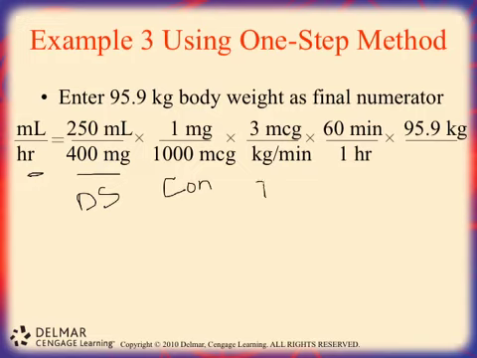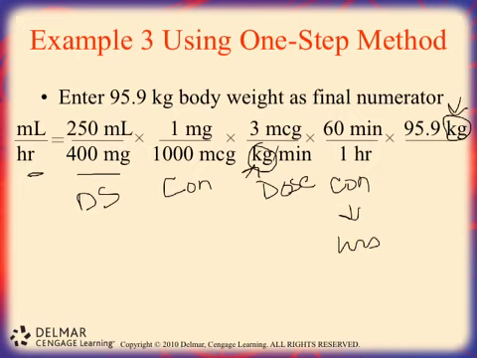Here's our dose. Here's our next conversion to hours. And now we've got to take care of this kilogram. So now's when we're going to plug in our kilogram in our numerator here to be able to cancel out this denominator and this numerator. So we just did that in the next two steps here.